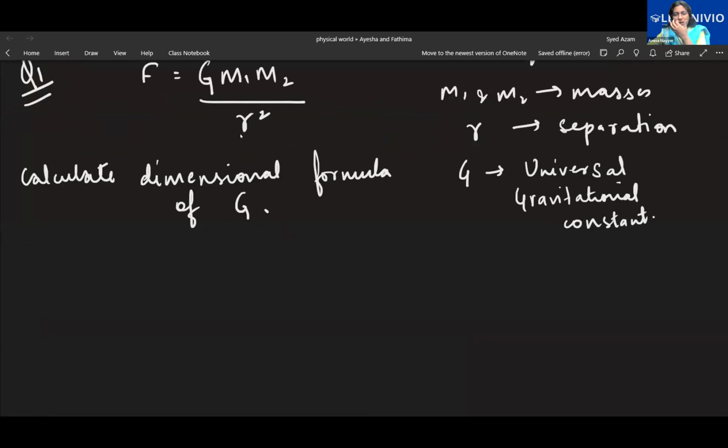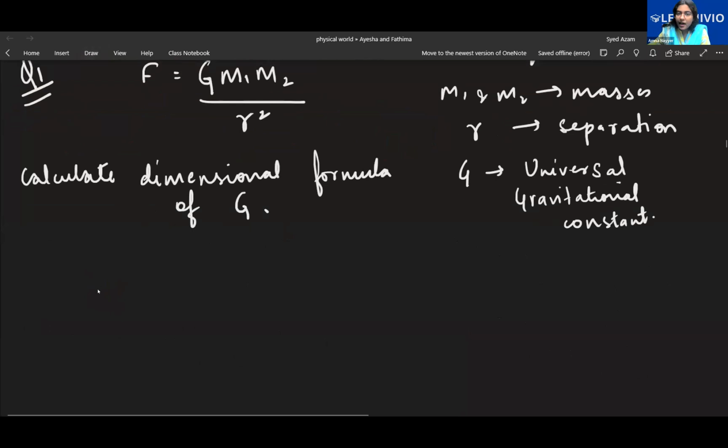Now, again, I'm telling you, don't go into the details. In chapter 8, you have a chapter on gravitation, where you will see all the details. Right now, just focus on finding the value of capital G. F is the force, m1 and m2 are masses, r is the separation, meaning the radius.